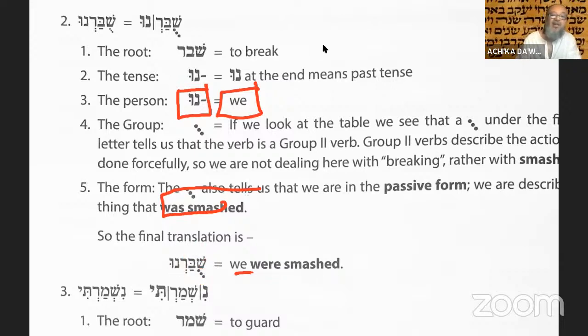You see how your eyes got to work? We were smashed. Were is for passiveness. You're not being smashed. You were smashed. I'm not doing the smashing. I'm the one being smashed, or we're the ones being smashed. Don't worry. You'll get used to it. Okay.